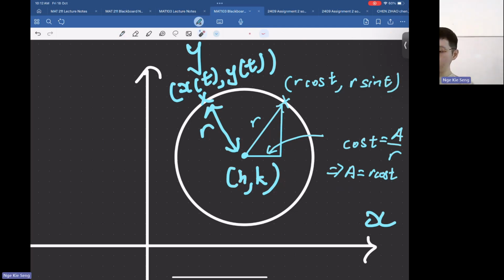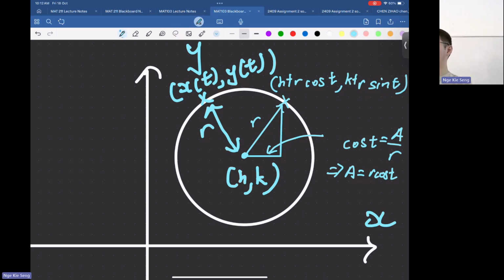Okay, but this point is given with reference to the center here. So in total, what do you need to do? You need to shift by h on the x coordinate and shift by k on the y coordinate here.